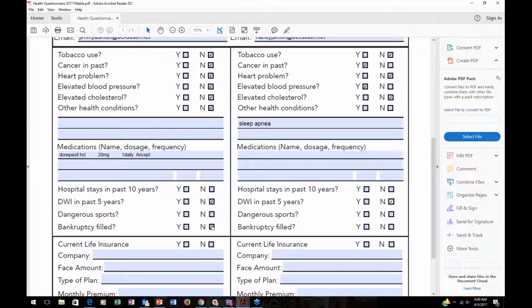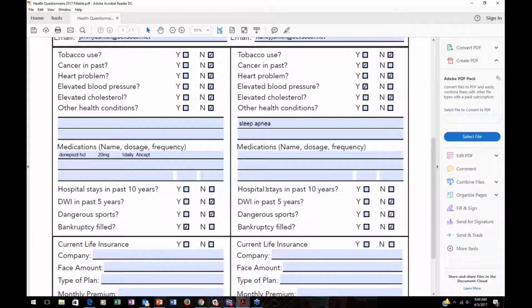Also, we want to find out, have they ever had a bankruptcy? We're going to give him a yes. We're going to give her a no. Perhaps he had a bankruptcy previous to their marriage, something that she wasn't held accountable for.